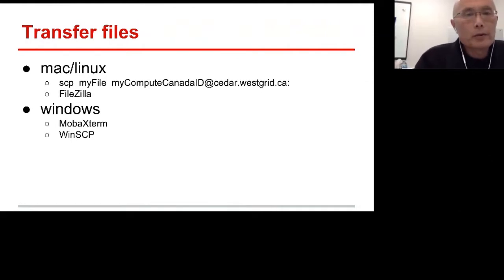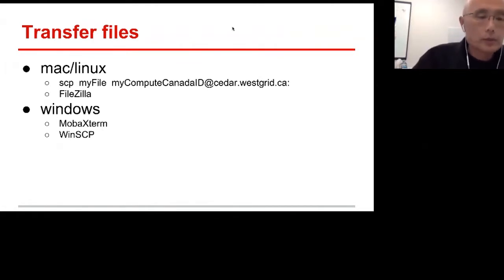Now, transferring files between your computer and Cedar on a Mac or Linux, you can use a command called scp. So you would type scp, your file name, then your Compute Canada ID at Cedar. Oops, that's a mistake.